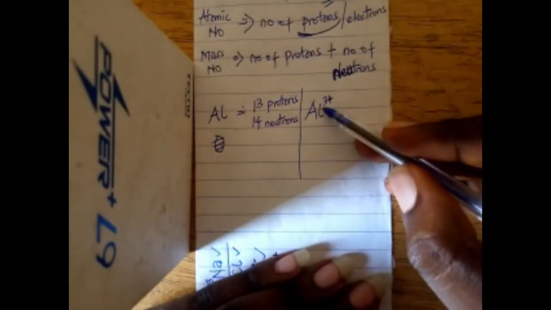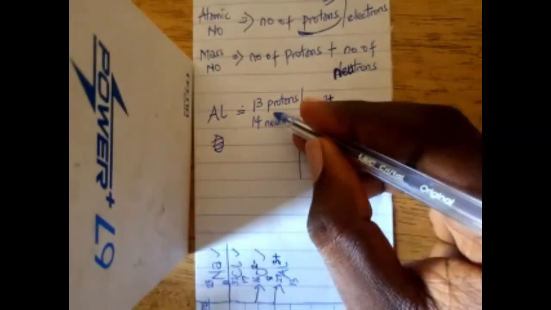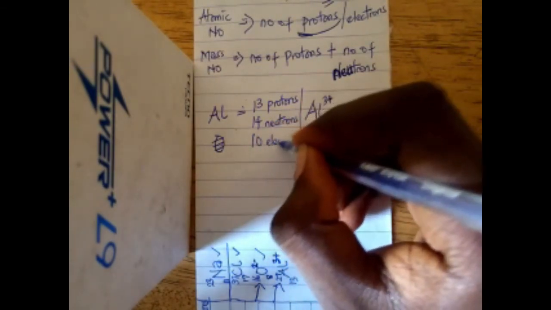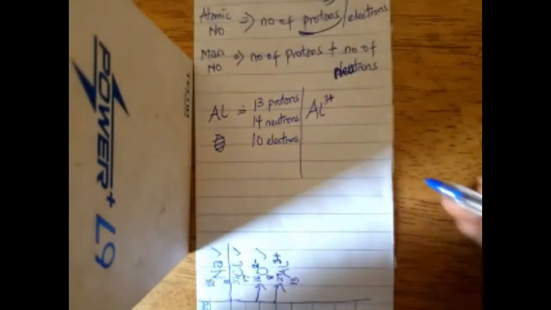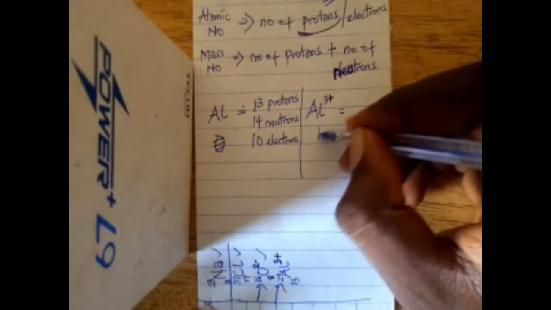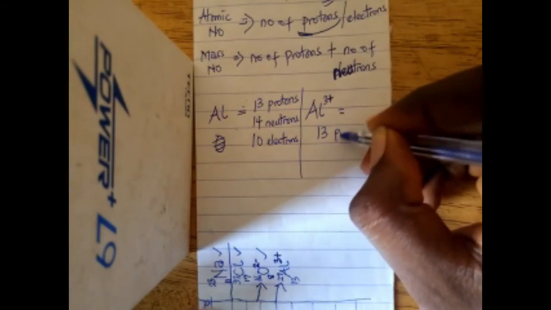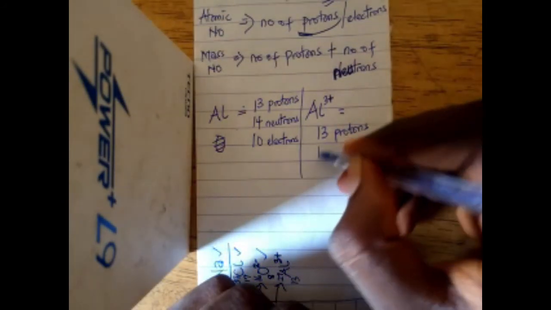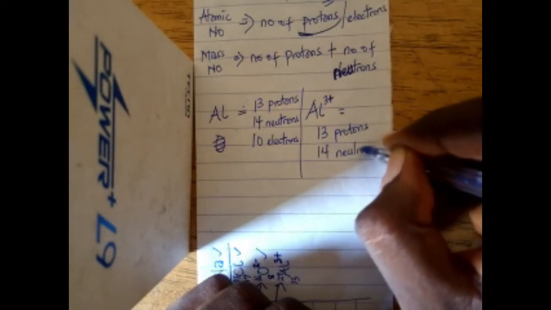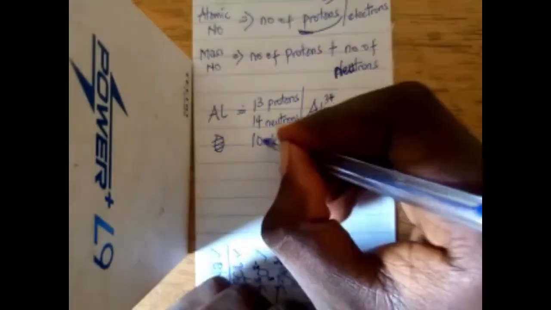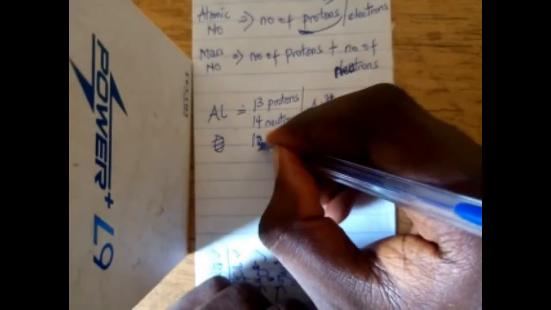In this case we have Al3+, so here I have 10 electrons. But in this case now I have 13 protons. I have 14 neutrons. Yes, sorry, I have 13 electrons for aluminium.